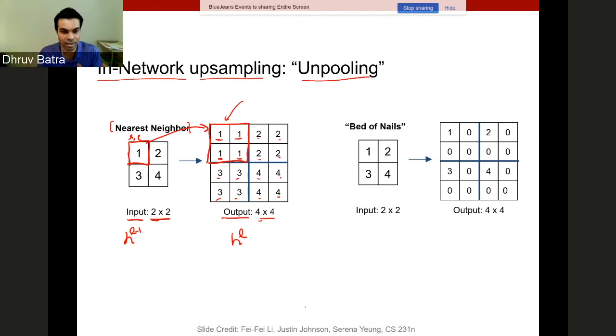Okay, so that's pretty easy. You could just define that as a layer. It takes in an input and produces that as an output. This layer has no parameters, but it is obviously backproppable through, because this is just a copy operation, and copy operations allow for gradients to flow back. You could also define things like a bed of nails operation, as it's called, where instead of replicating everywhere, you place zeros everywhere else, and the top left, the 0 comma 0 value, is where you place the input value, and everything else is filled in with zeros.